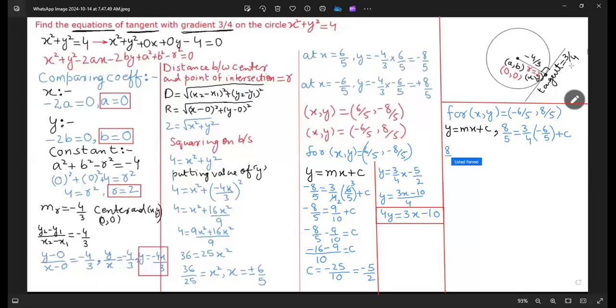So 8 over 5 equals to, this will become 2 to the 4, 2 3 is a 6. So minus 9 over 10 plus c. So I will shift minus 9 over 10 on the other side. So it will become 9 goes to c.